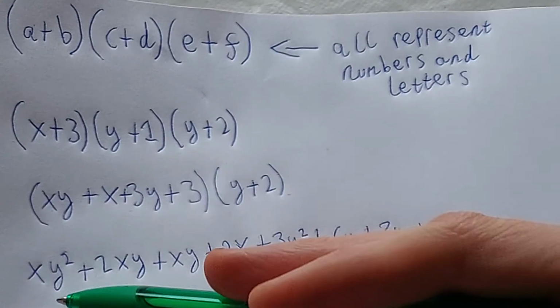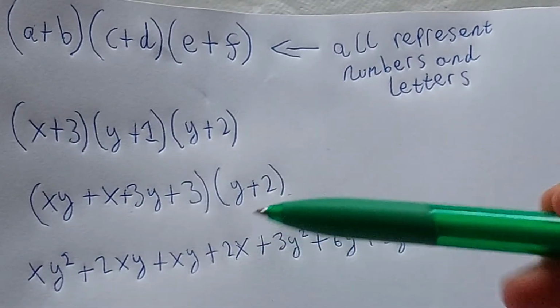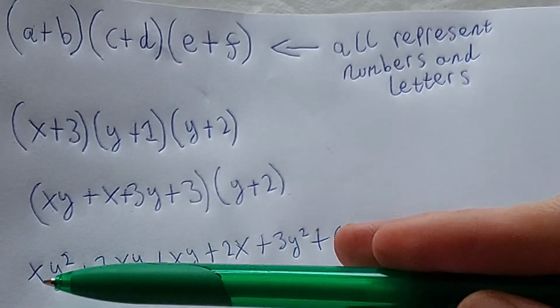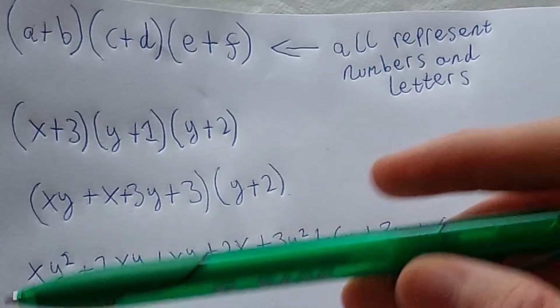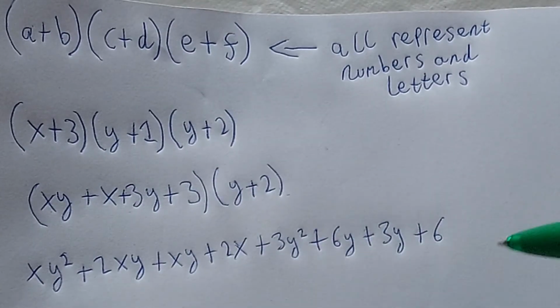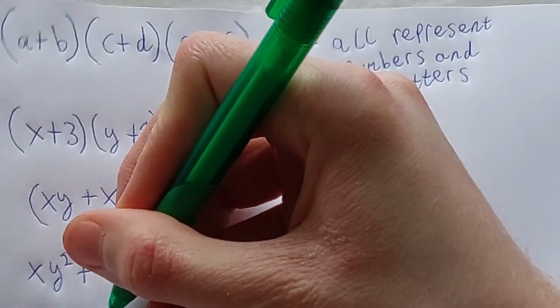So we look at the first character and we see, is there anything that matches it? So is there anything that's got xy squared in? It could be 4xy squared or 5xy squared or anything that's got xy squared in. So we look and there's nothing, so we just write xy squared.